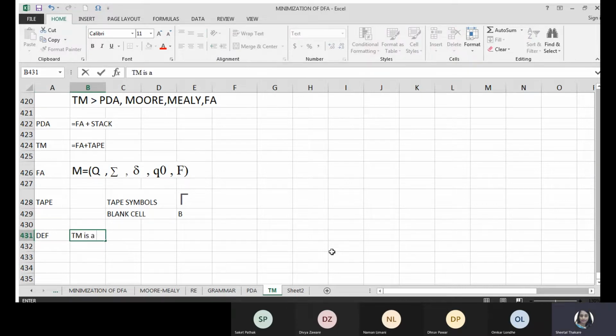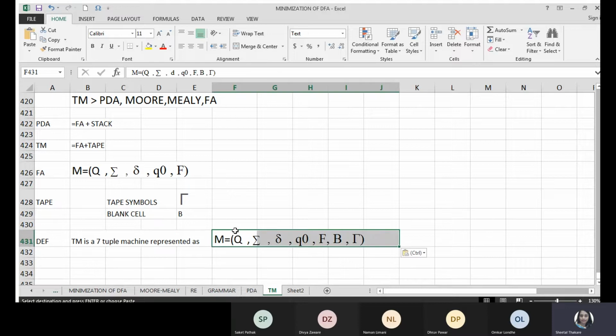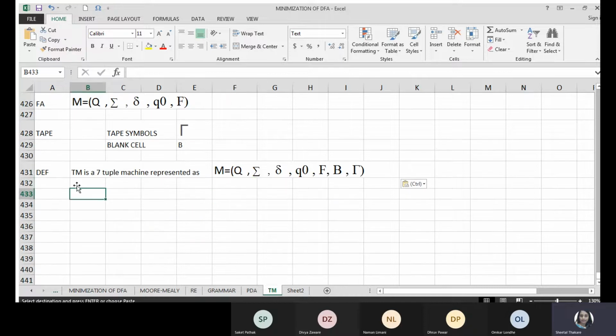TM is a 7-tuple machine represented as M equal to Q, sigma, delta, Q0, F, B and gamma, where by now everyone knows what this sigma means.